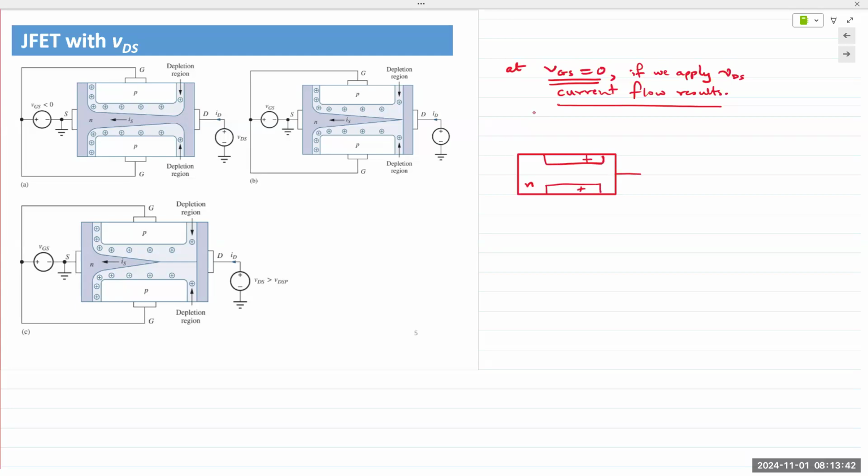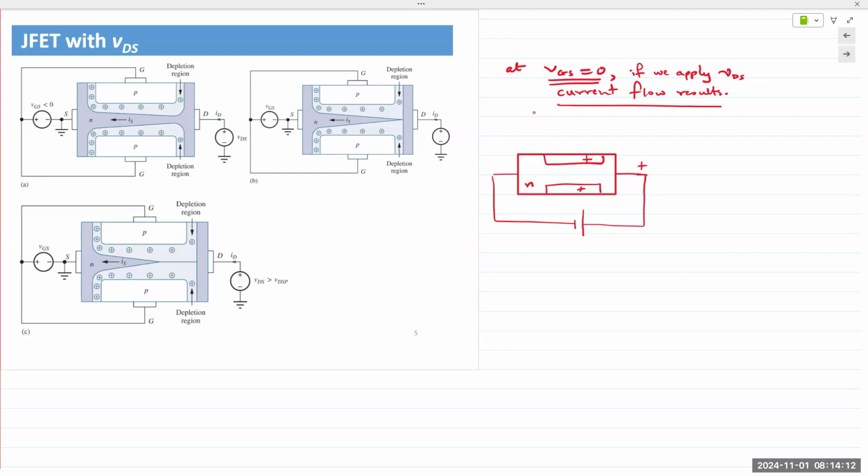And you apply a positive bias here versus the source right there. So applying a positive voltage to an N-type material, what happens at the junction, the PN junctions? Reverse bias. If it gets reverse bias, depletion region increases.